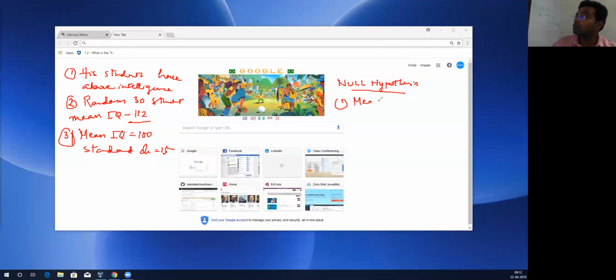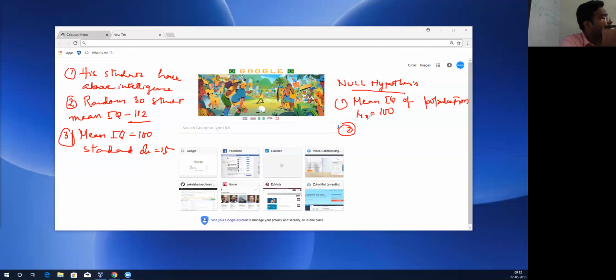Mean IQ of the population is 100. So we can say that mu0 is equal to 100. This is the null hypothesis.